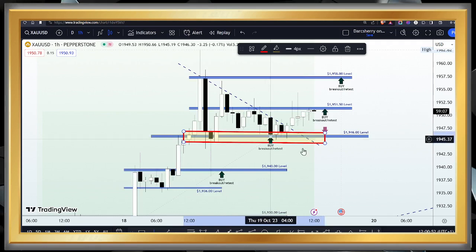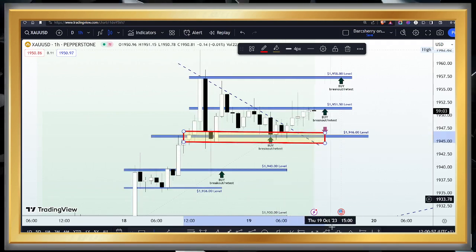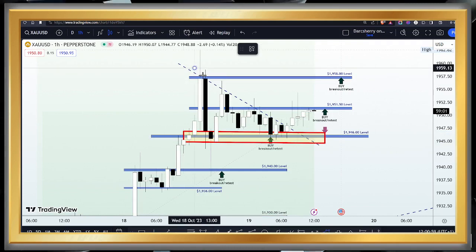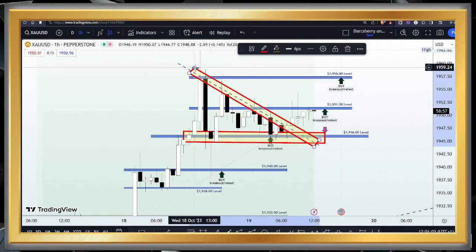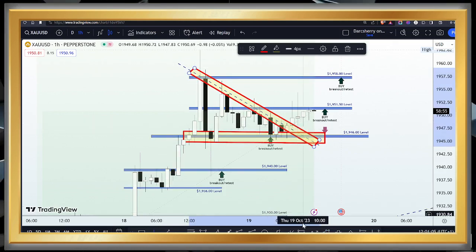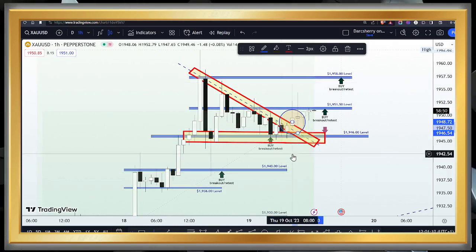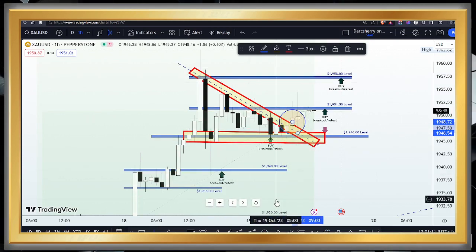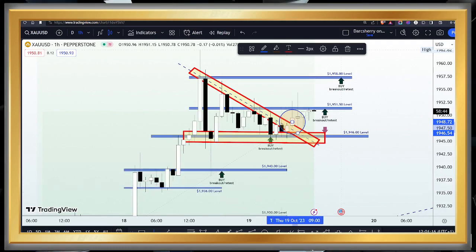As you will see, sellers have been finding it difficult to break through this 1946 despite the lower highs that was witnessed here. Now, with this situation here, you will see that in the last 4 to 5 hours, price action had broken out of that descending trend line, and which for me is a sign that we might likely be seeing price continue to the upside.